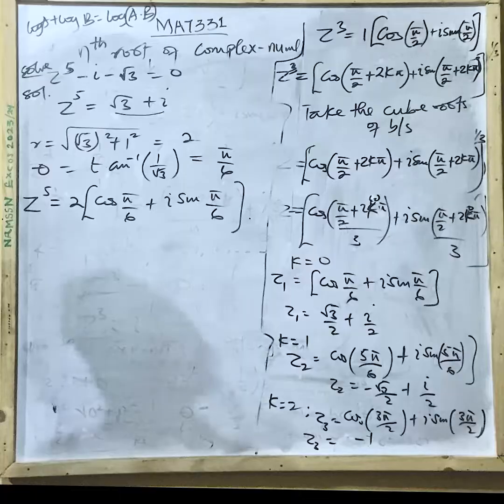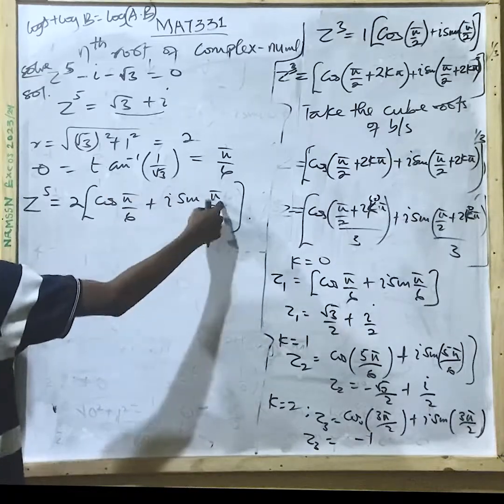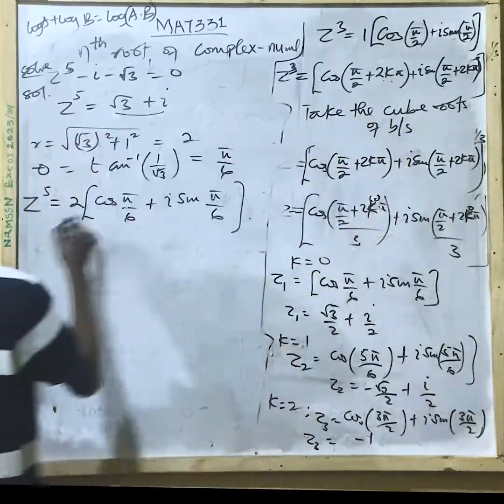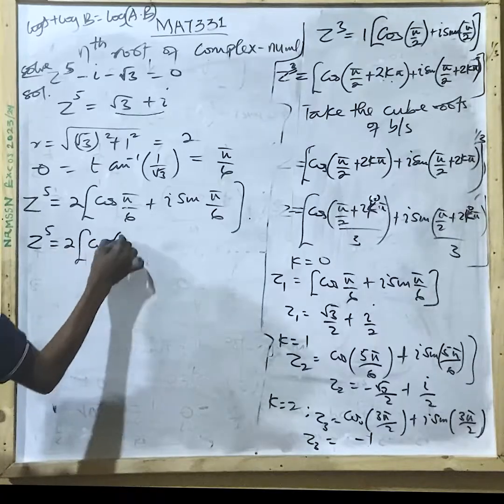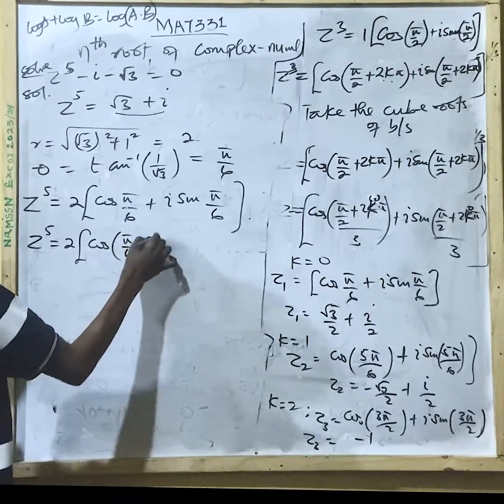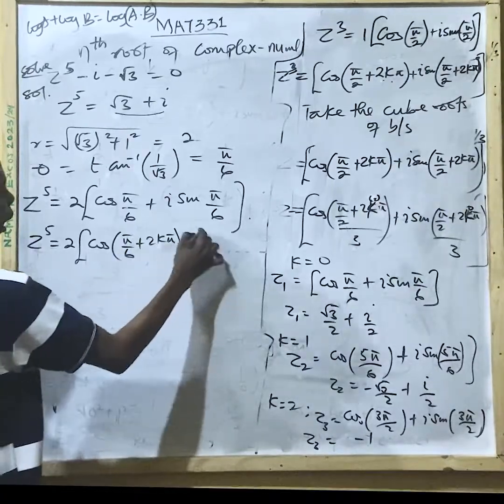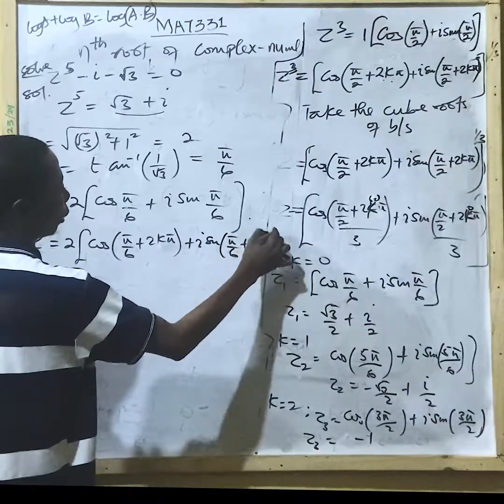After that, we take the periodic form of this pi over 6. What is the period of cos and sine? It's always 2k pi. So z raised to power 5 equals 2 into cos of pi over 6 plus 2k pi, where k is the counter, plus i sine of pi over 6 plus 2k pi.